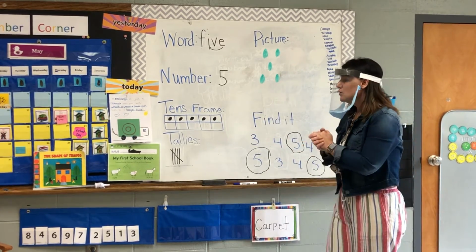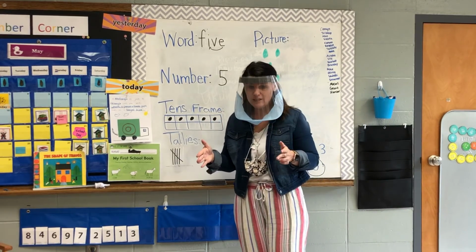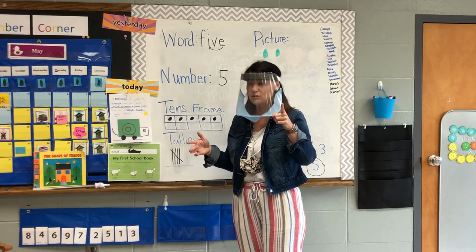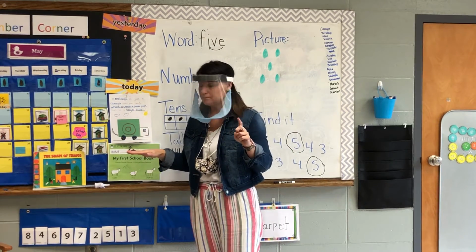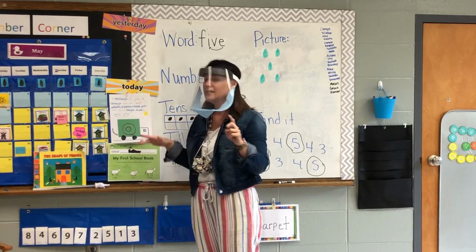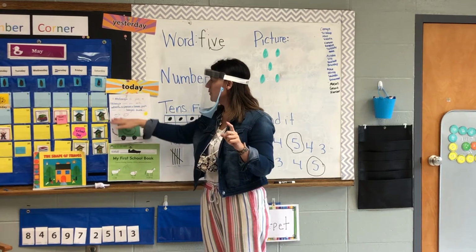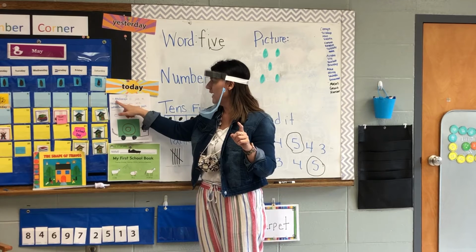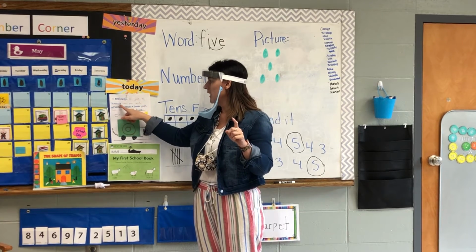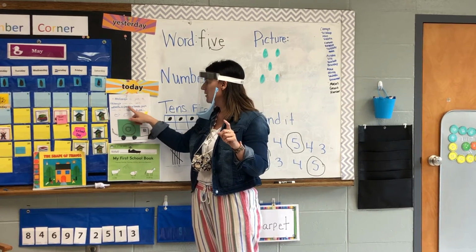Okay, so for our activity today, and Friends at Home activity, we're going to be doing a picture. You're going to get a piece of paper that looks like this. It says a blank line, and it's just a blank line until you add what you add to it.